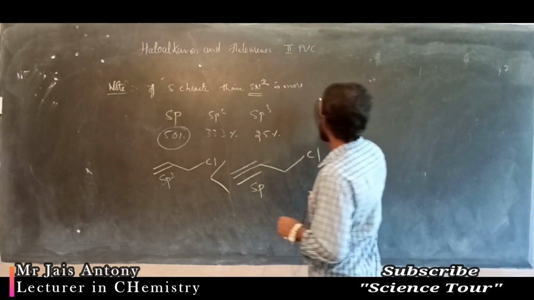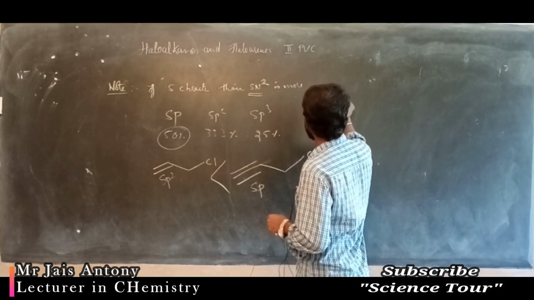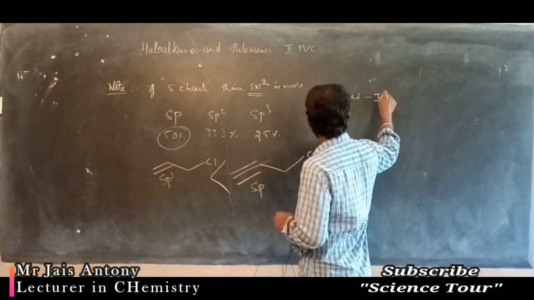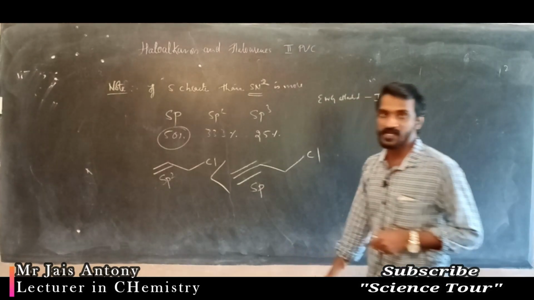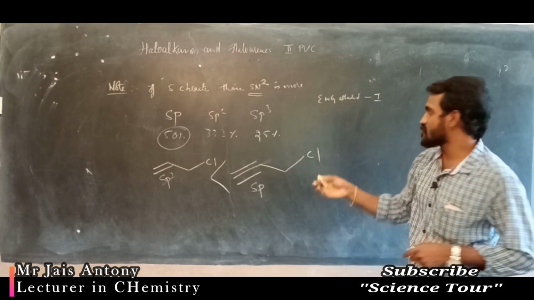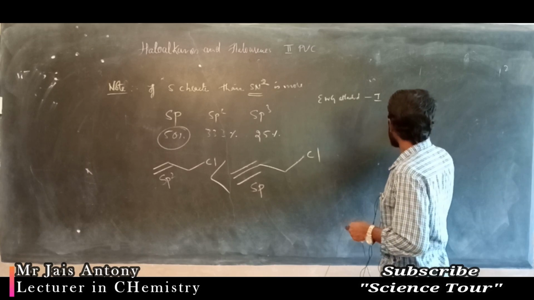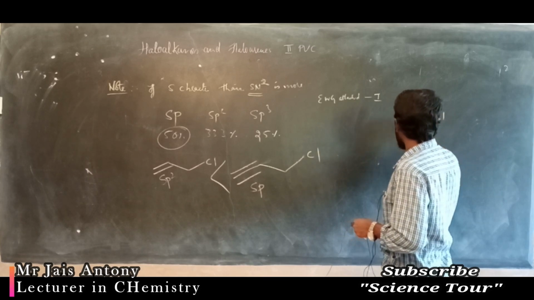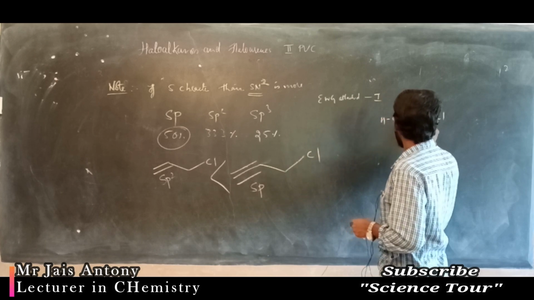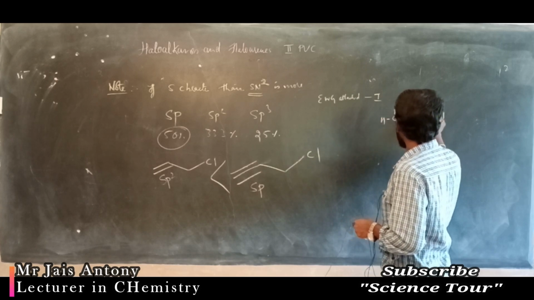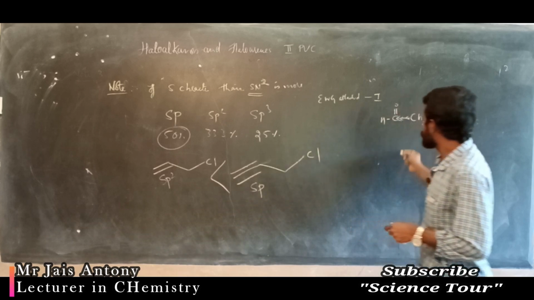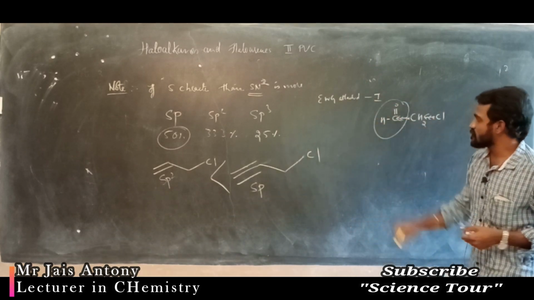And one more you note down, if an electron withdrawing group is attached, then minus I effect. Minus I means, you studied in first PUC, inductive effect, it attracts the electron from that particular. For example, minus I effect means CH, Cl, and here any aldehyde group is there, this electron gets attracted through the bond to which side? To the electron withdrawing group.